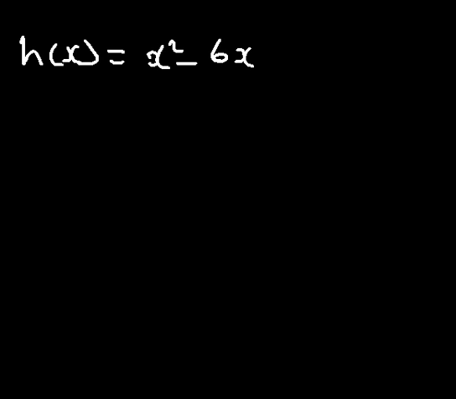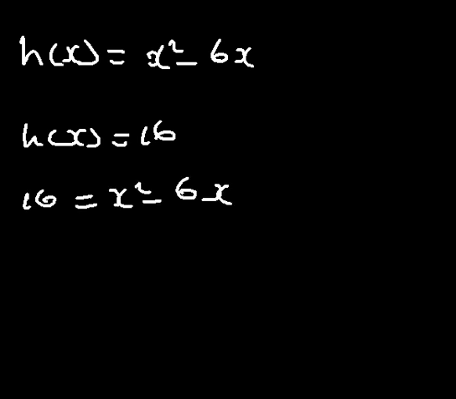Now what if we have h of x given as 16? What is the value of the input if the output is 16? Which means we'll have 16 equals x squared minus 6x.